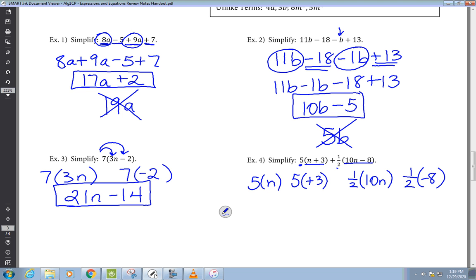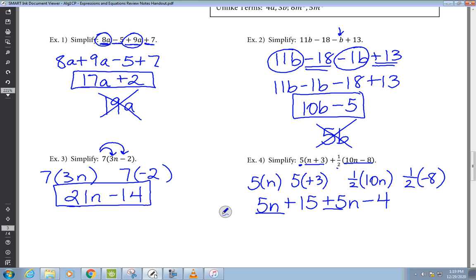Then we start our simplifying. 5 times n is 5n. 5 times 3 is 15. 1/2 times 10n is 5n. That's positive 5n. 1/2 times negative 8 is negative 4. Now that we have some like terms, we combine our like terms.